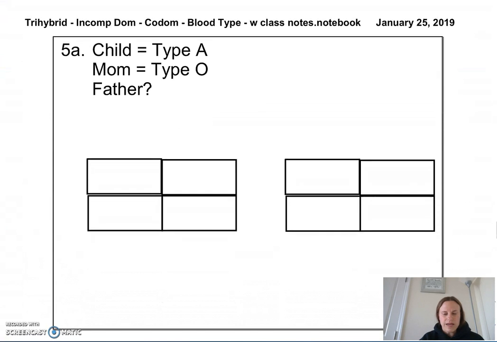So if you were to try and solve a problem, for example, if I have a kid with type A and a mom with type O, what potential blood types could the father have? You would use a Punnett square to solve this type of problem.